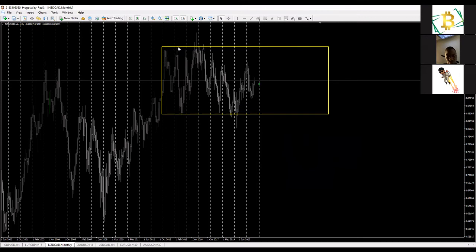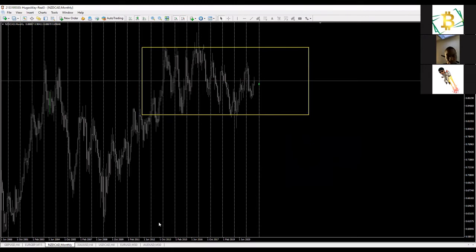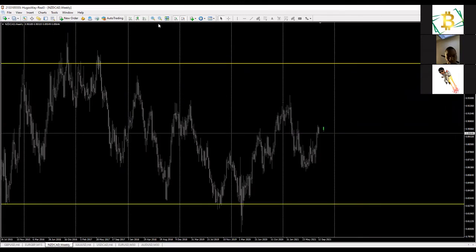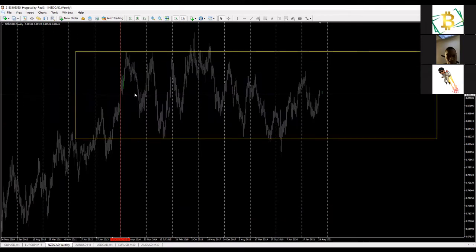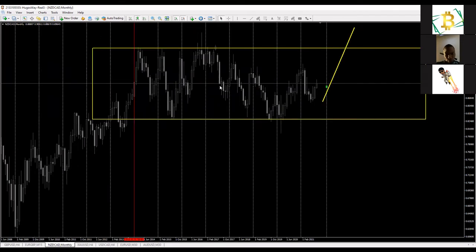So now this is the range box that price is currently in and has been since 2012. Now I would come down one level to the weekly, and I know I'm in a consolidation box and I'm only looking to take long positions in alignment with the monthly time frame here.